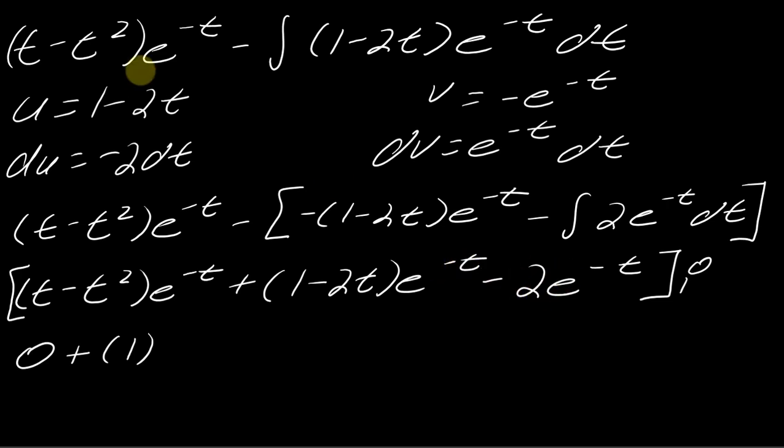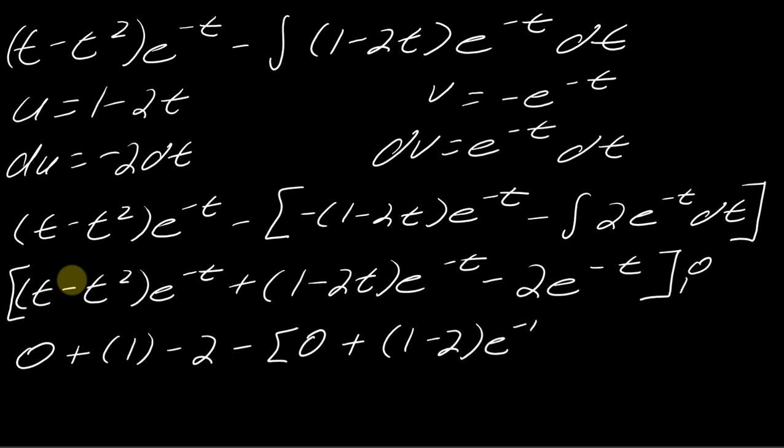And then minus 2 times e to the 0, so this will be minus 2. Okay. And then I need to subtract off. So if I plug in my 1, I have 1 minus 1, so this is going to be a 0. This will be 1 minus 2 e to the negative 1. And then this will be minus 2 e to the negative 1.